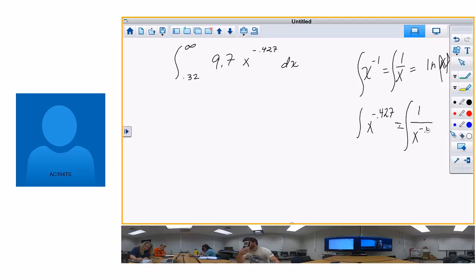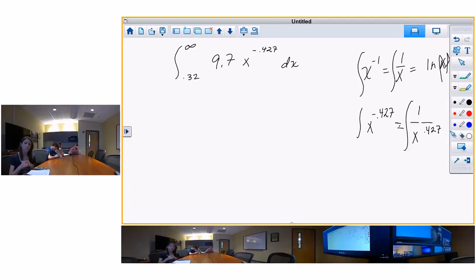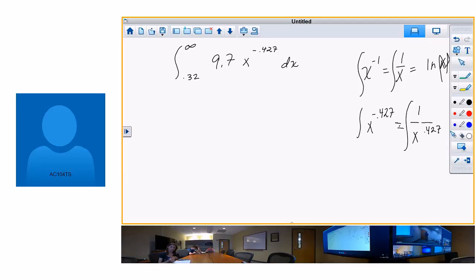What do you got to remember on this one, though, when you take the antiderivative? Positive when it's at the bottom. Well, yeah, the negative makes it go to the bottom and that becomes positive. So this would be the natural log of what? 0.427.